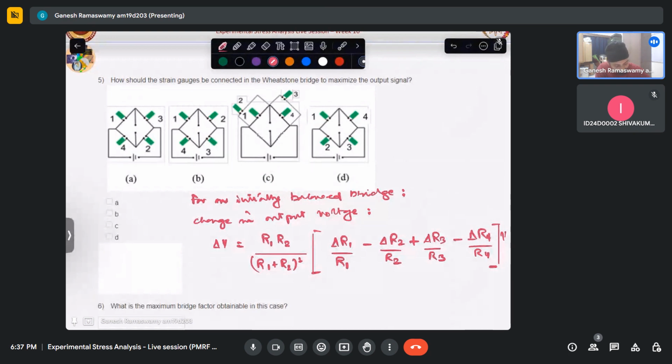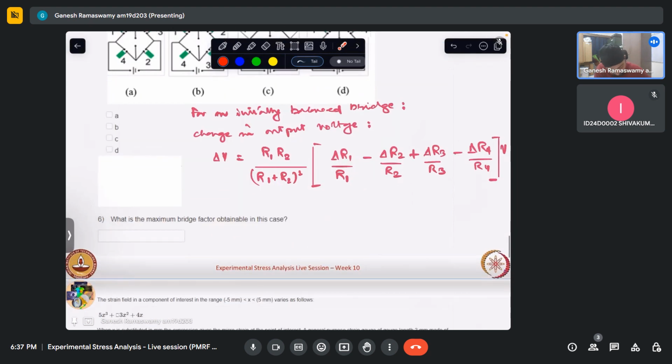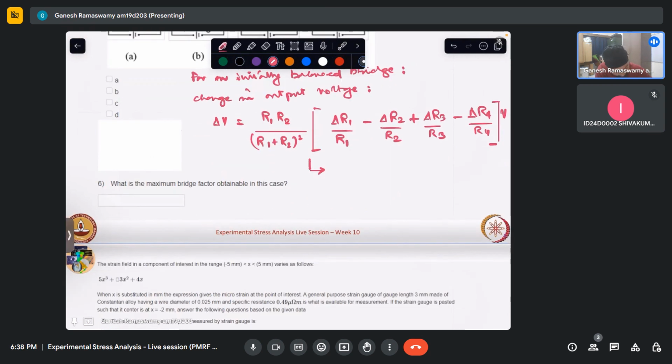So that is how we get this equation. While getting this, 1 and 2 are in the adjacent arms, 1 and 3 are in the opposite arms. The derivation for this is pretty much given in the lecture, so I'm not deriving it again.